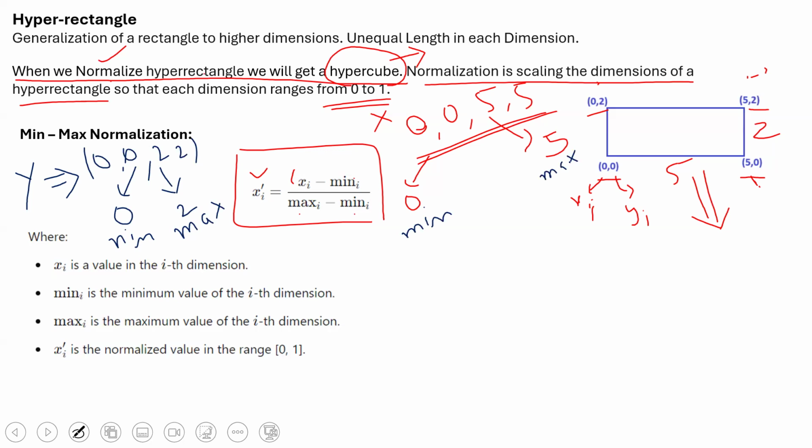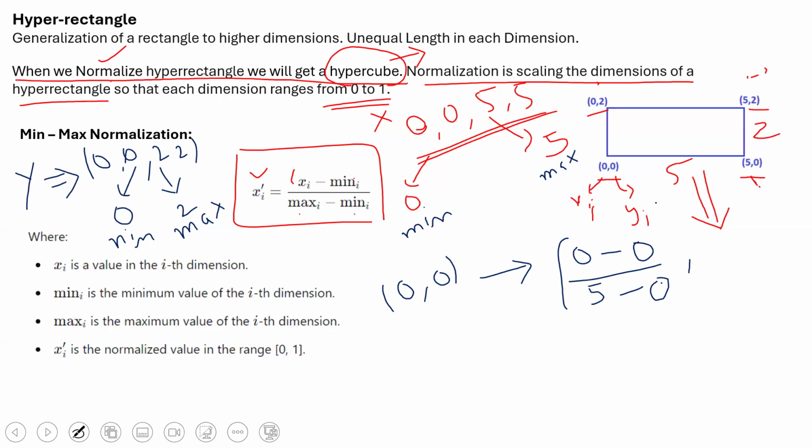Now let's convert the point 0, 0 and see what we are going to get. I'm applying this particular formula. xi minus minimum of x, which is 0, by maximum, which is 5, minus minimum, which is 0. Now I have to find out yi bar, the transformed or normalized yi point.